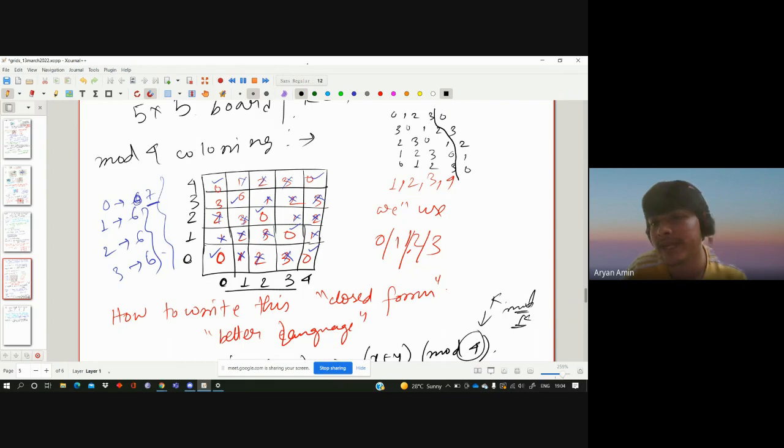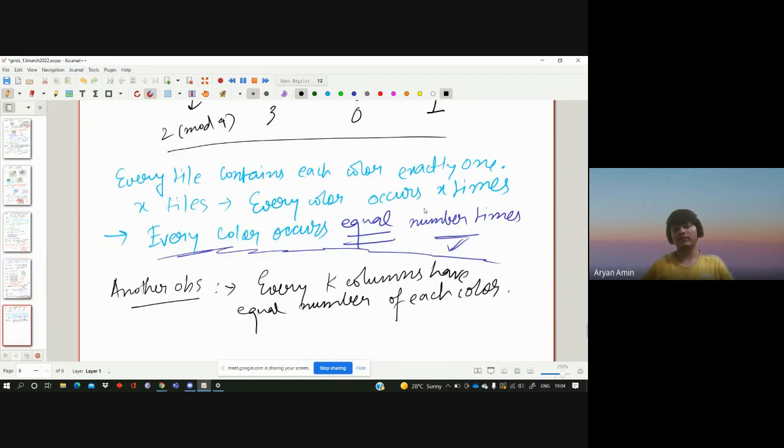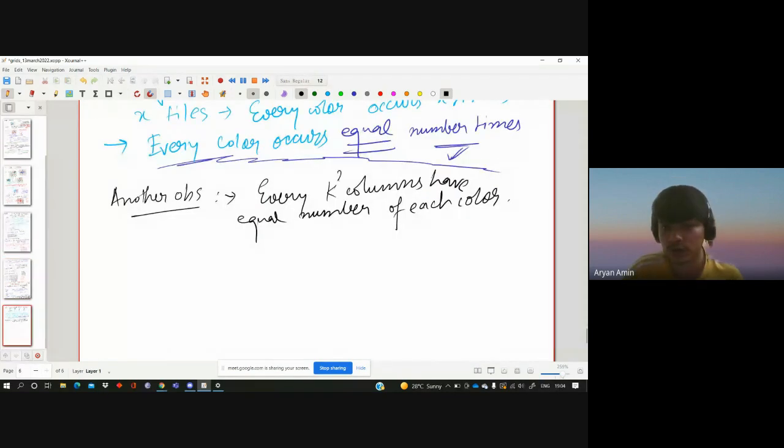You can note that every one of them is present 5 times. 3 is present 1, 2, 3, 4, and 5 times. 0 is present 1, 2, 3, 4, and 5 times. Similarly, 1 is present 5 times, and 2 is also present 5 times. So this claim makes sense. Whenever you have k columns, or k rows, they have an equal number of each color. This is again because of the modulo thing.